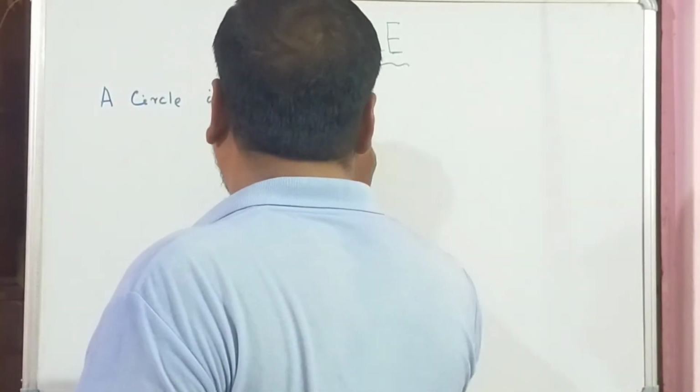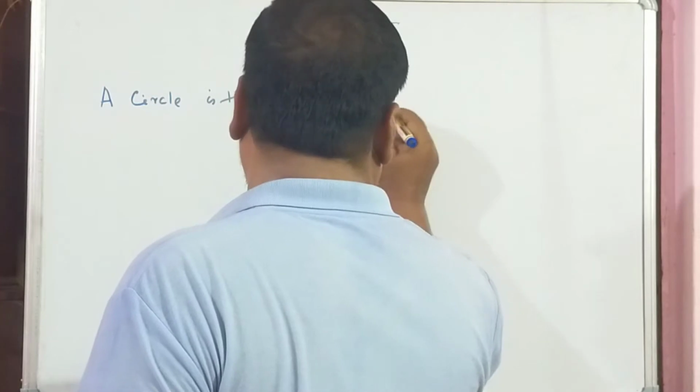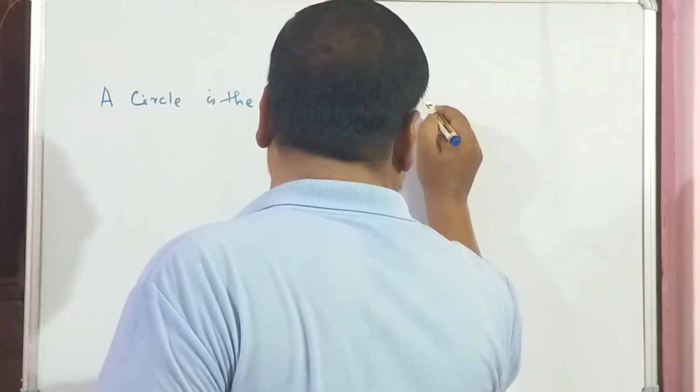A circle is the locus of a point. Locus means path.